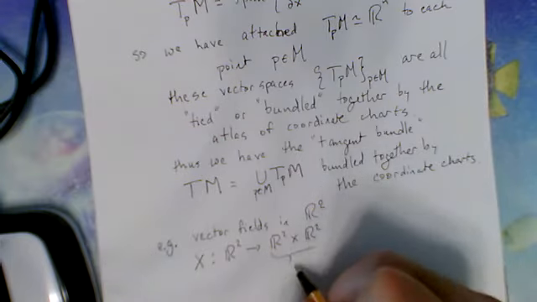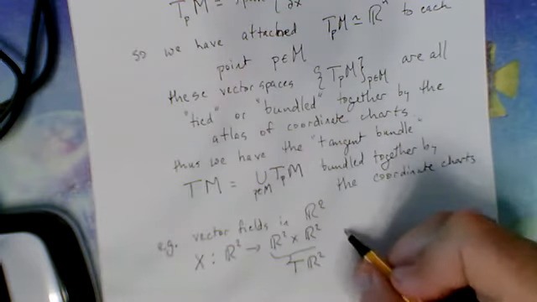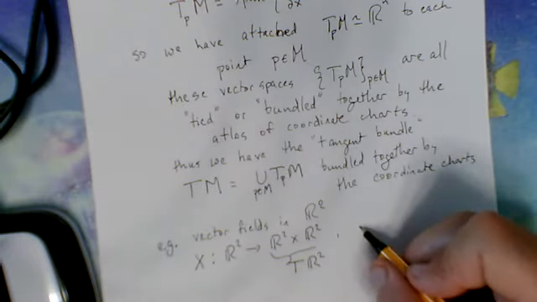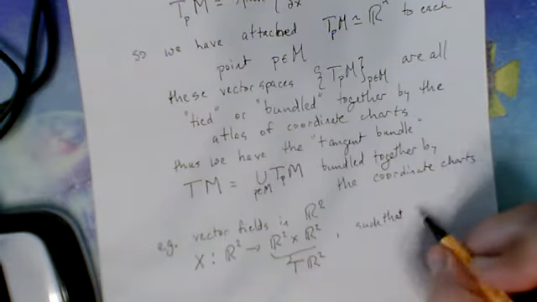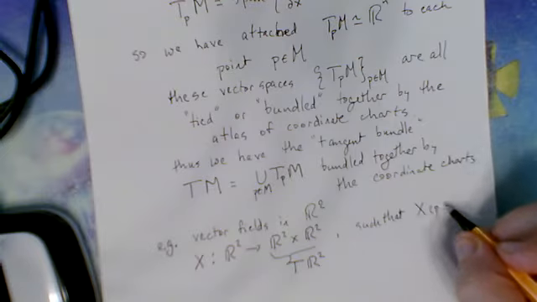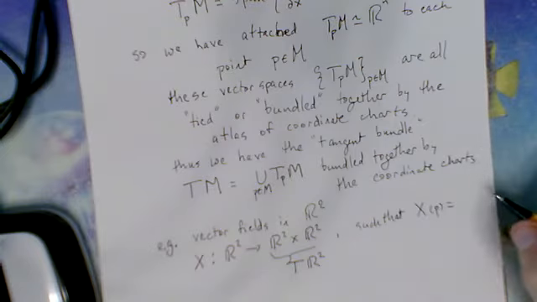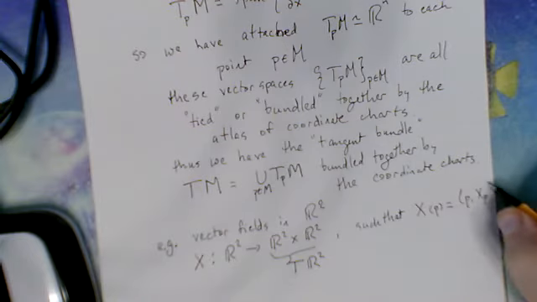And this is the tangent bundle to R2. And it's going to satisfy the property that X of P must have the form P comma XP.